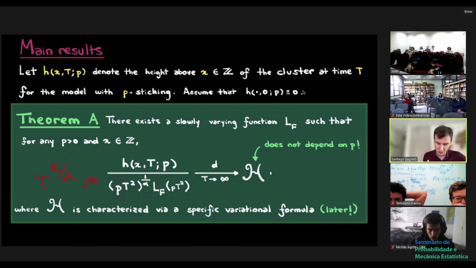And this is much larger than t, because alpha is less than 2. So in particular, what this is telling you is that the fact that you have heavy-tailed heights makes the surface grow faster than linear. So it's completely different from the original ballistic deposition model. Here you have a faster growth.